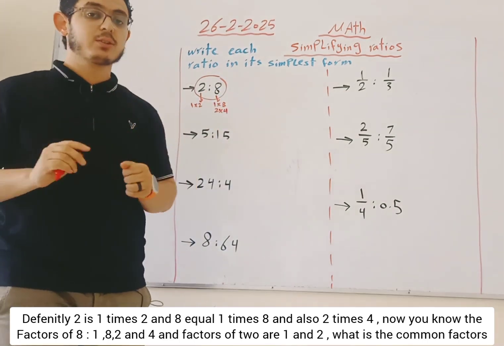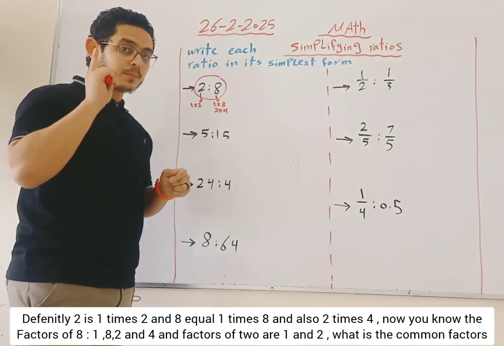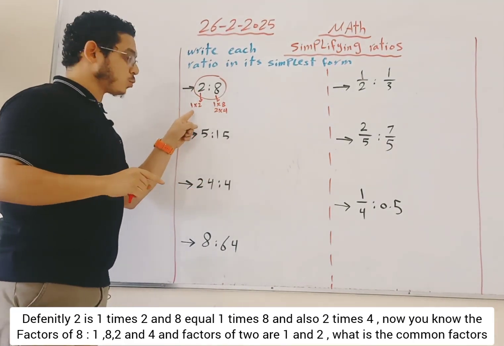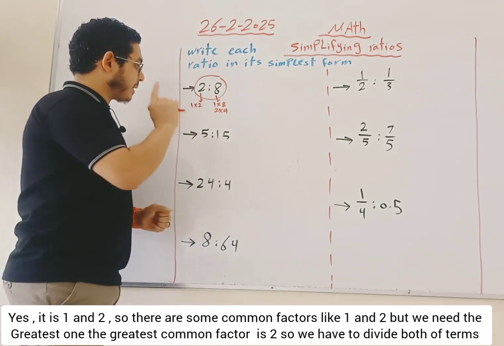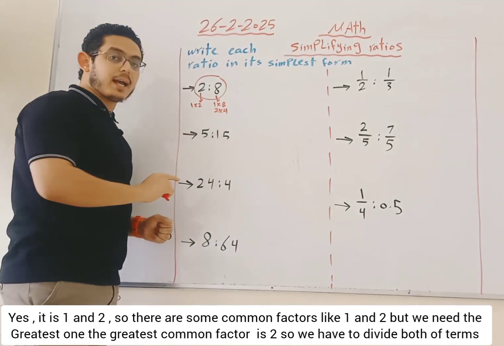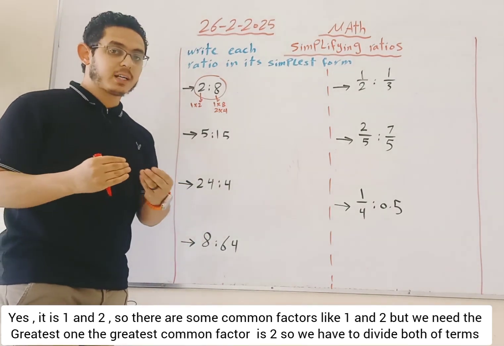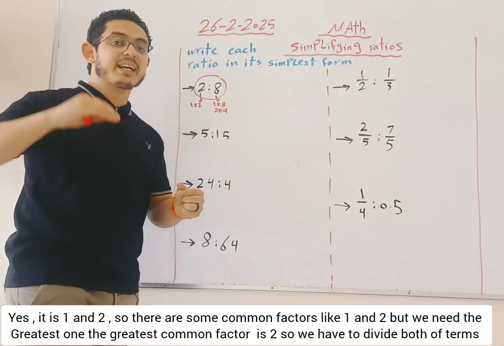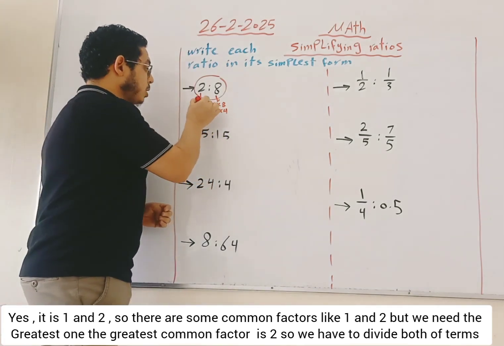Now, you know the factors of 8: 1 and 8 and 2 and 4. And factors of 2 are 1 and 2. What are the common factors? Yes, it's 1 and 2. So there are some common factors like 1 and 2, but we need the greatest one. The greatest common factor is 2.